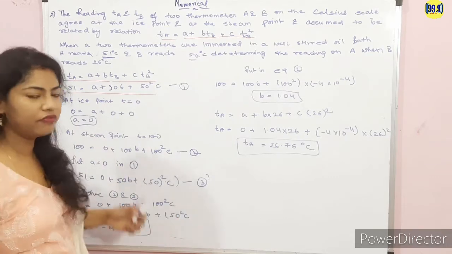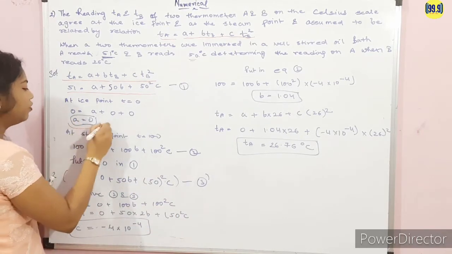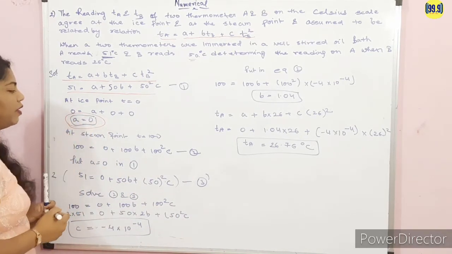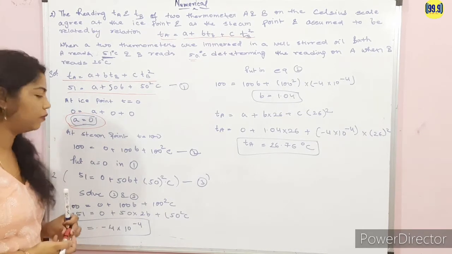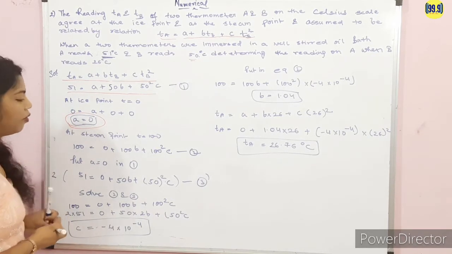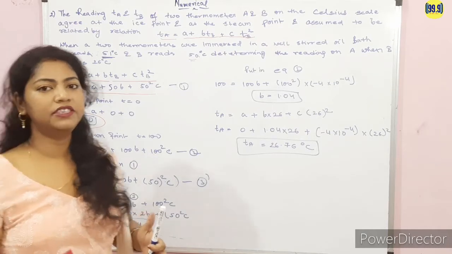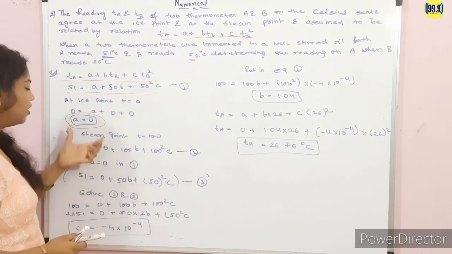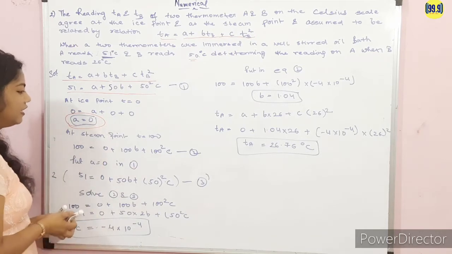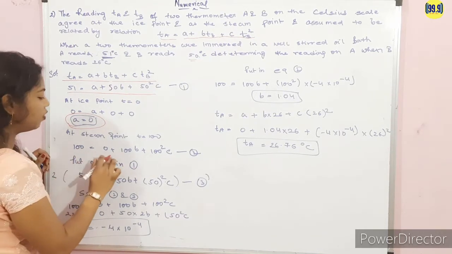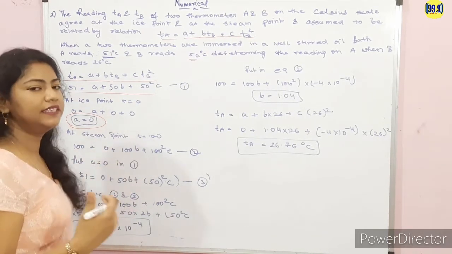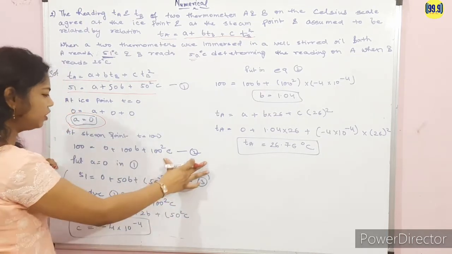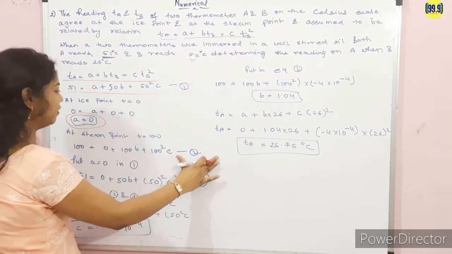It means the value of A is 0. Now at the steam point, the temperature is 100 degrees Celsius, so the general equation becomes 100 is equal to 0 plus 100B plus 100 square C. This is our second equation.